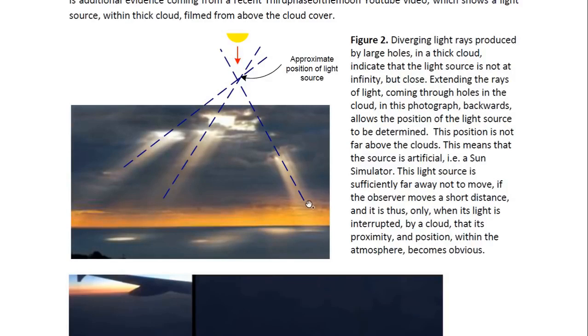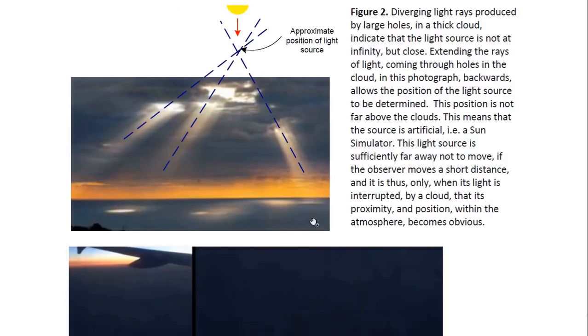They're obviously not parallel to each other, and if we extend these beams backwards and see where they intersect, we can see where the light is coming from, and it is very close, just above the cloud. That's where these intersect. This would therefore be where the light source is, and therefore it cannot be the sun, because the sun cannot be within the atmosphere. This has to be a simulator.